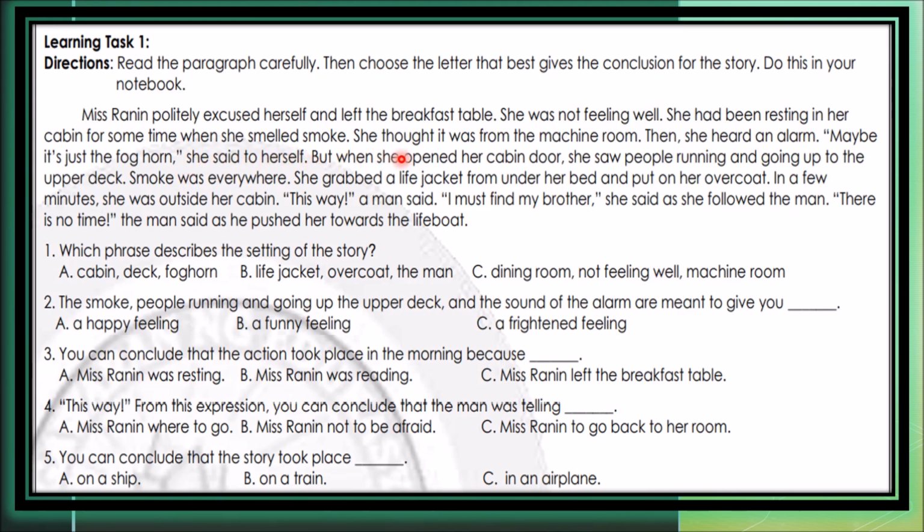But when she opened her cabin door, she saw people running and going up to the upper deck. Smoke was everywhere. She grabbed a life jacket from under her bed and put on her overcoat. In a few minutes, she was outside the cabin. "This way," a man said. "I must find my brother," she said as she followed the man.